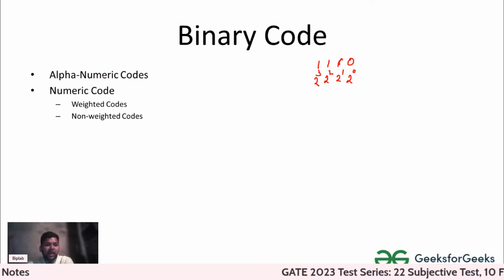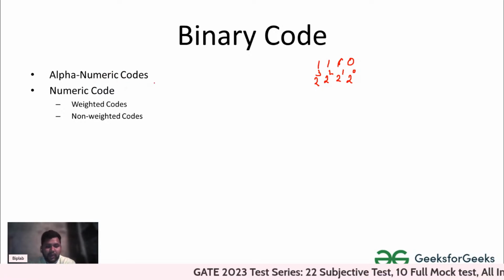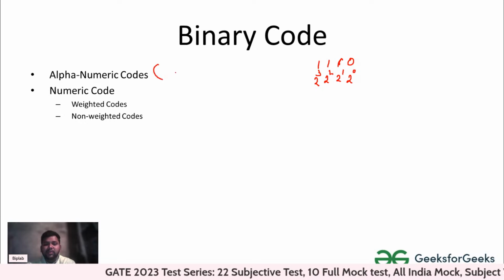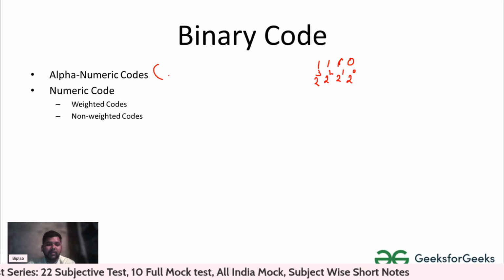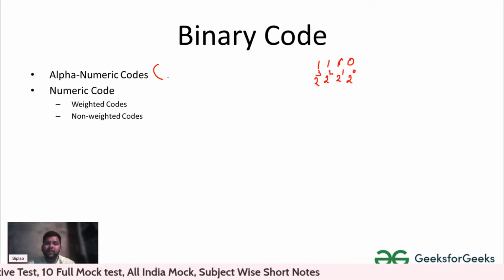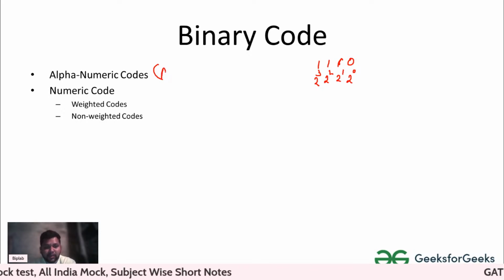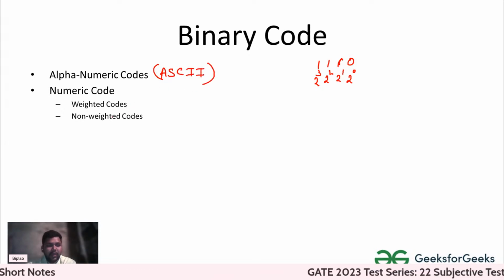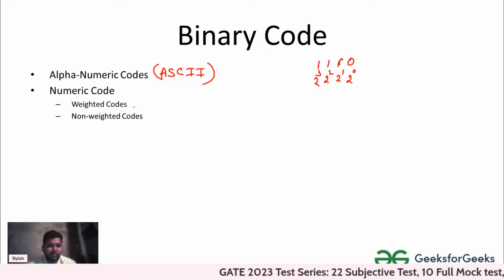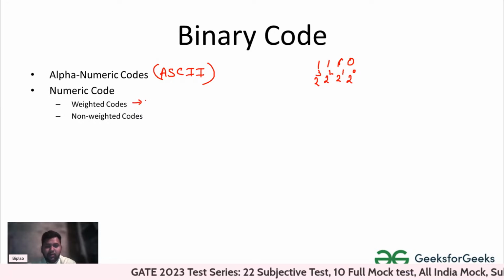First comes alphanumeric code, where you also represent alpha characters, that is A to Z, small a to z, and any special characters in some binary form. An example is ASCII. Then there are numeric codes, where weighted code is the normal one that we are using.